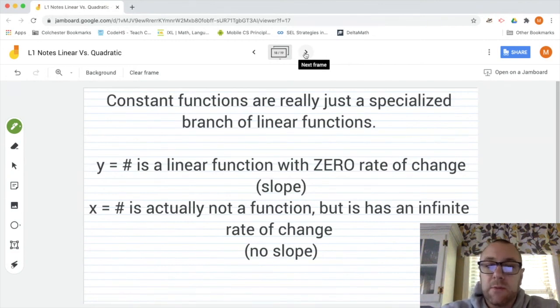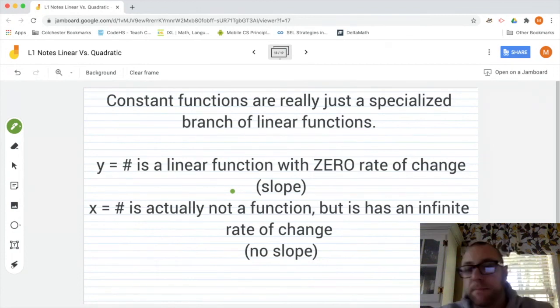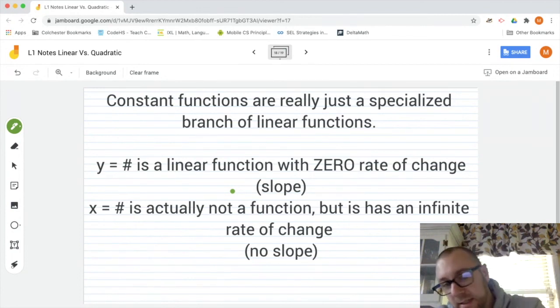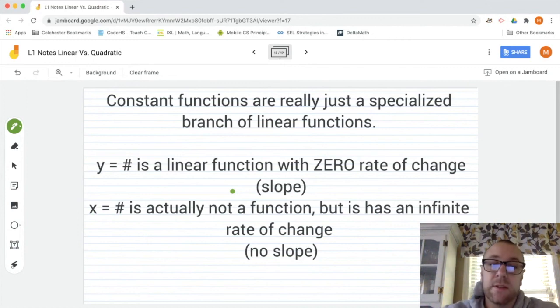That constant rate of change for y equals a number is actually 0. If you remember, there's a 0 slope to it, so it is not changing, it's staying constant. An x equals a number, you will learn, is actually not a function because of the shape of it. It's a vertical line, so it has an infinite rate of change or no slope. So that is why there aren't things called constant functions.